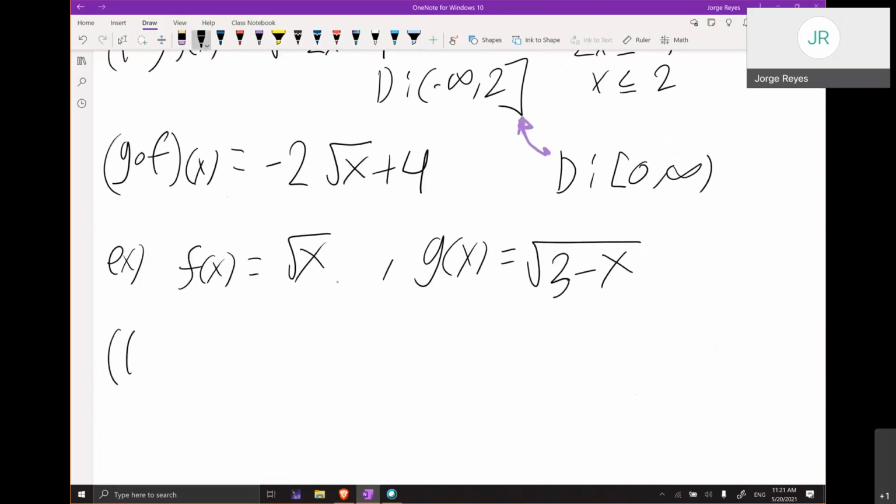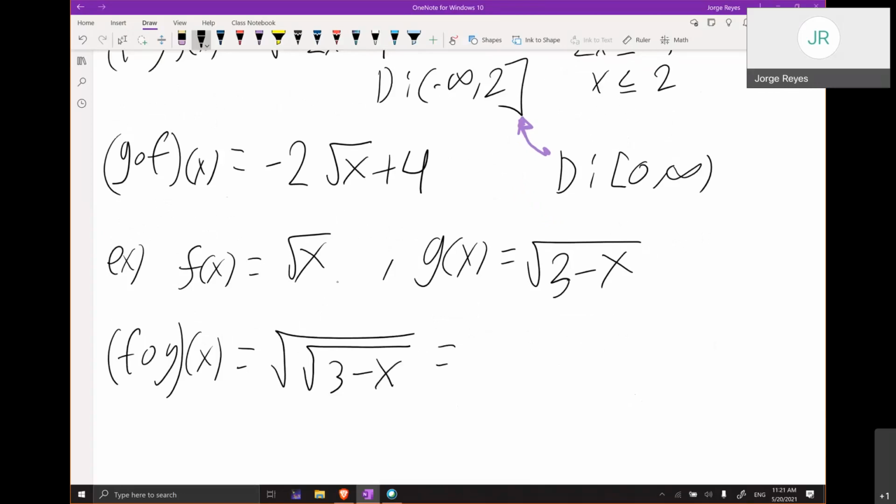So f of g of x is equal to the square root of the square root of 3 minus x, which we all know is the fourth root of 3 minus x, which has domain negative infinity to 3. So that's not that hard.